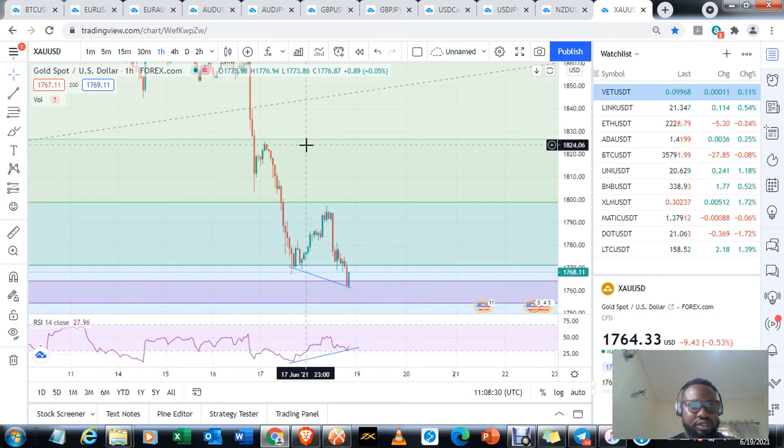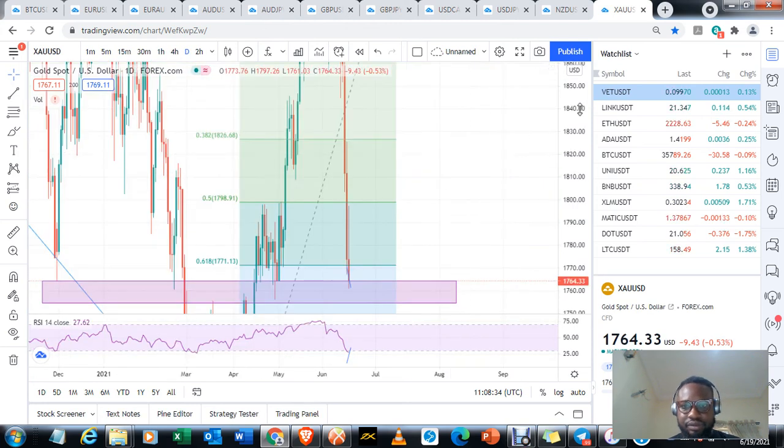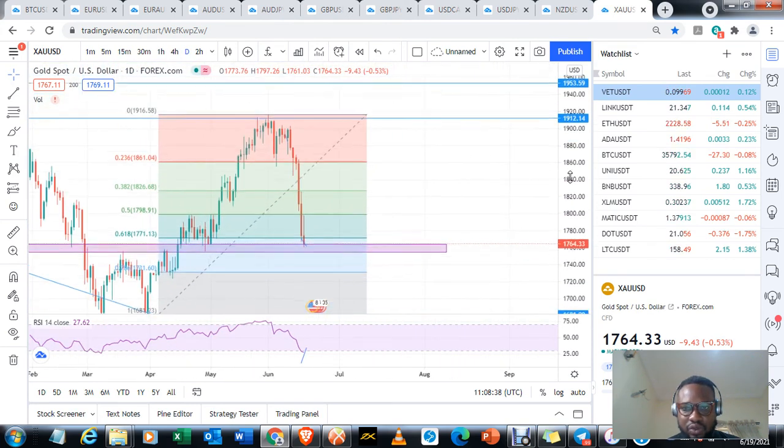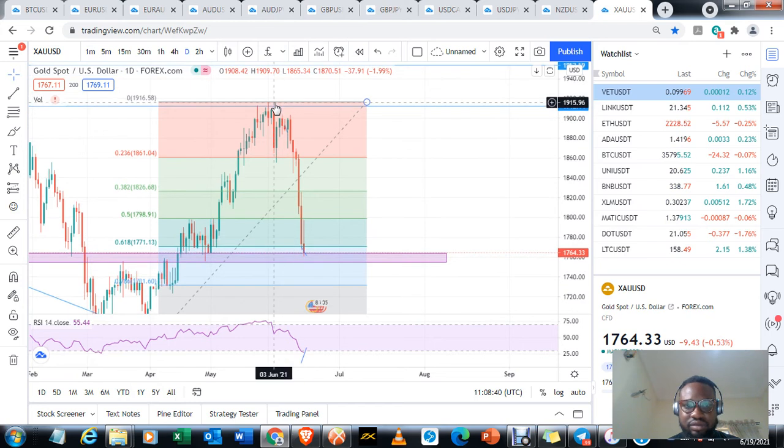But if I jump back to the daily chart, we saw last week that price just fell straight through, right? It just crashed through the ceiling, all the way down to the support level without any major pullbacks, except for this one here. But after this, it was just all downhill from there.